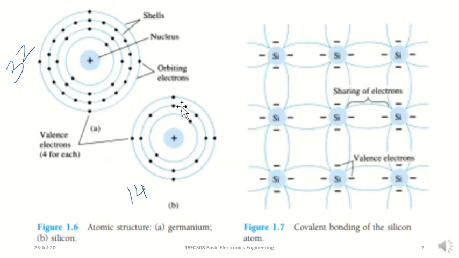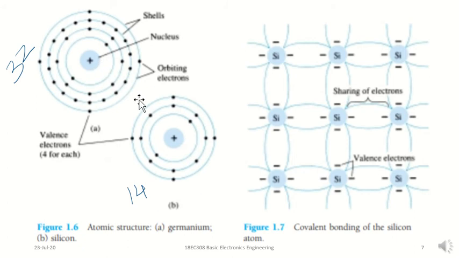This is the silicon atomic structure, right? These blue circles are called shells. The shell close to the nucleus is called the innermost shell. In the innermost shell there are 2 electrons. This is the electron arrangement based on Bohr's model. The important point is not the inner shells, only the outermost shell is very important for us.